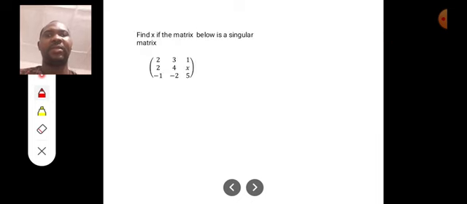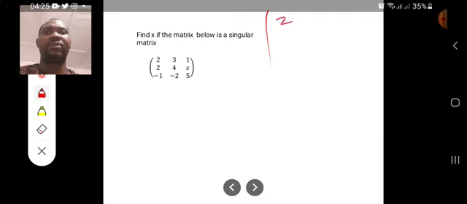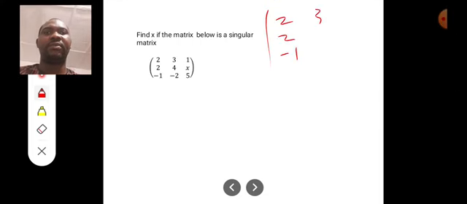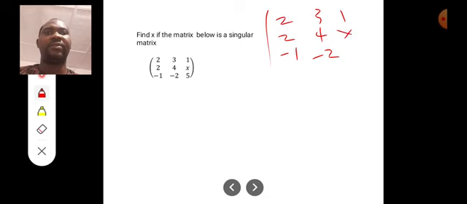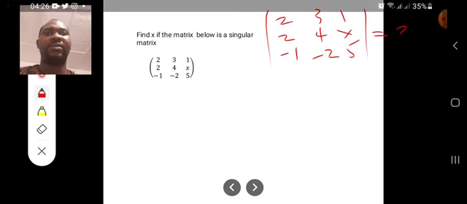Just a question here. Find x of the matrix below if the matrix is singular. For this matrix to be singular, it means that the determinant is equal to 0. That means we can say 2, 2, minus 1, 3, 4, minus 2, 1, x, 5. Determinant here is equal to 0.